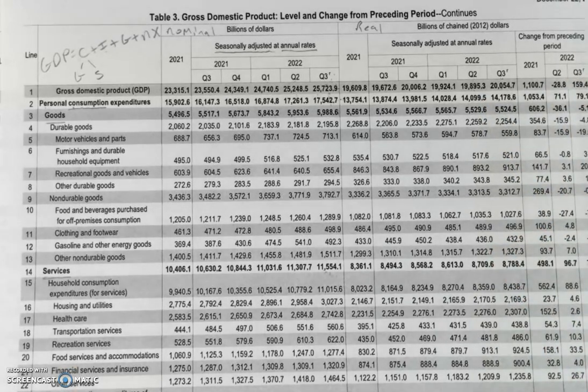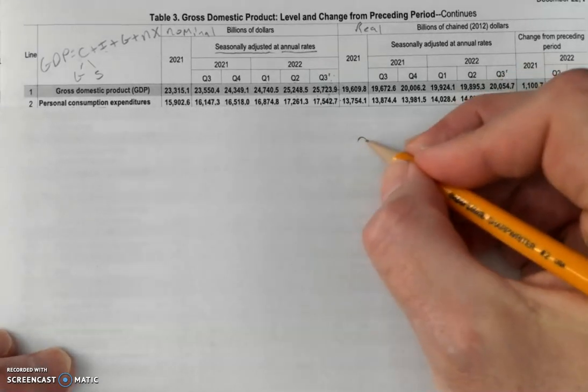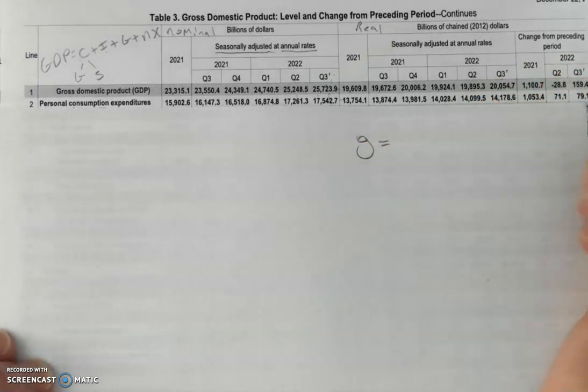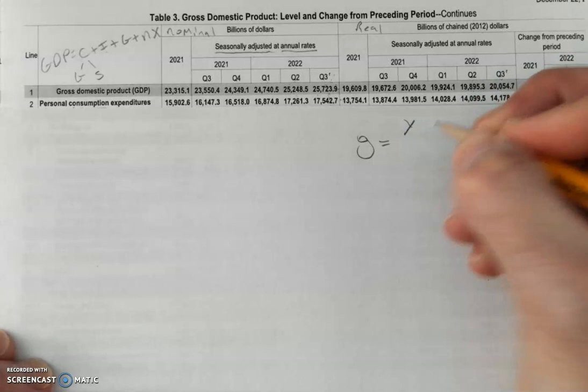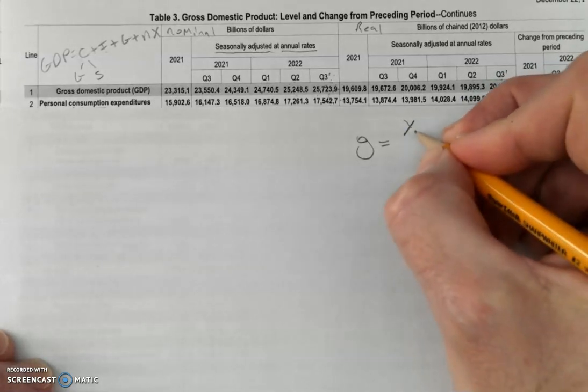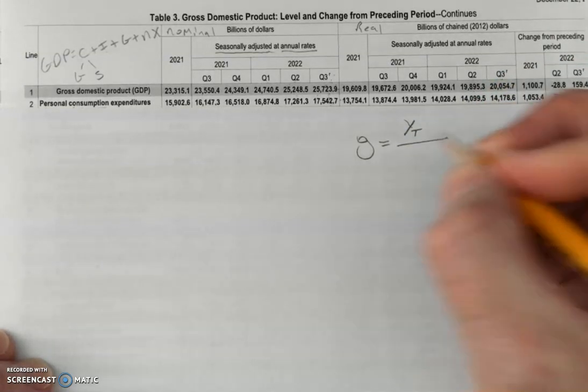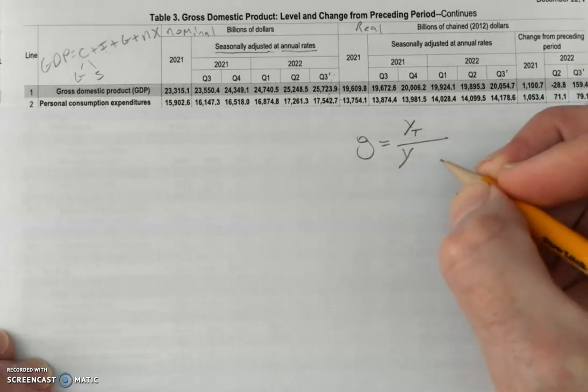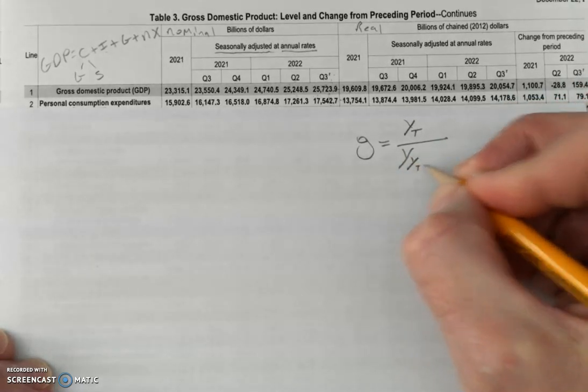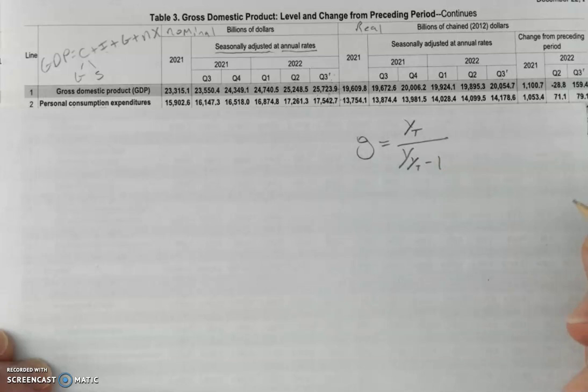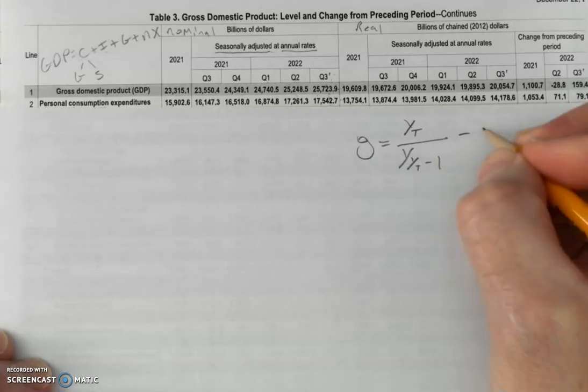Okay, so how do we do this? Well, we have a growth formula that we're going to use. And it's very simple. Growth is going to be equal to output, which is sometimes abbreviated as Y, in time t, divided by output in time t minus 1 period. And then you're going to take that and subtract 1.